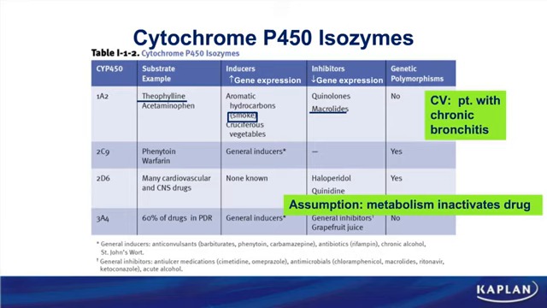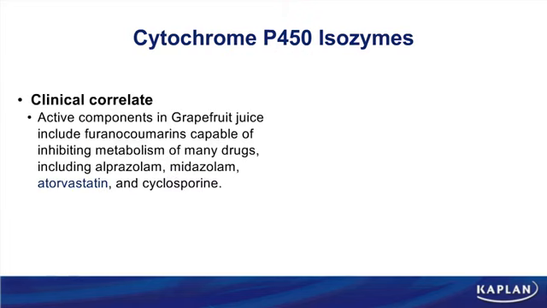When we come across some drugs that are prodrugs, keep in mind the opposite is going to be true. If it's a prodrug, the inducer is going to convert it to its active form more readily, and the inhibitor is going to prevent it from forming its active form. So that's a different scenario, but that is much more rare than what we're assuming here.